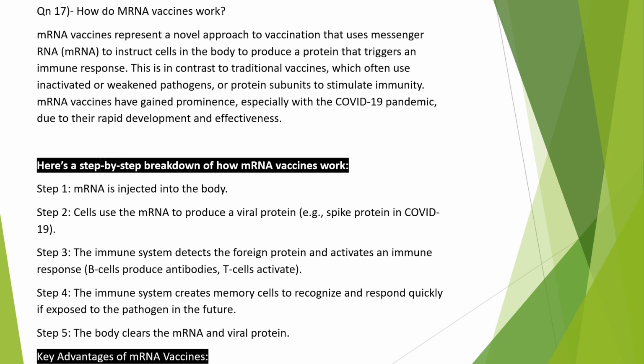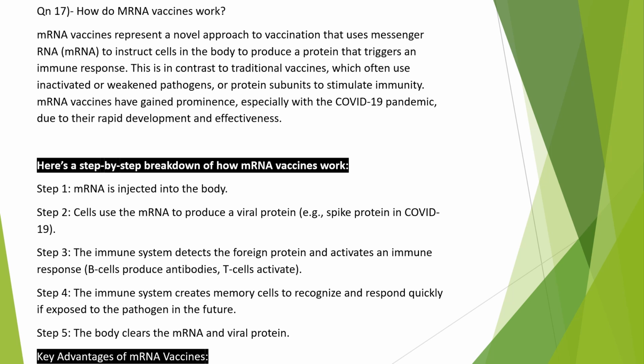How do they work? The messenger RNA vaccine represents a novel approach to vaccination that uses messenger RNA to instruct cells in the body to produce a protein that triggers an immune response. Here are the step-by-step of how mRNA vaccines work. One, mRNA is injected into the body. This is the first step.